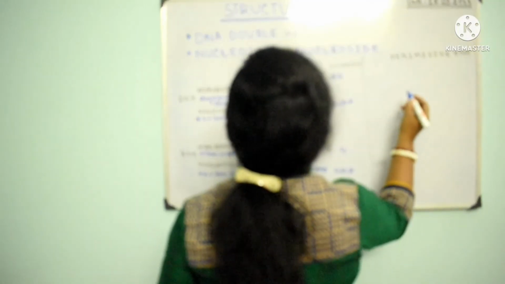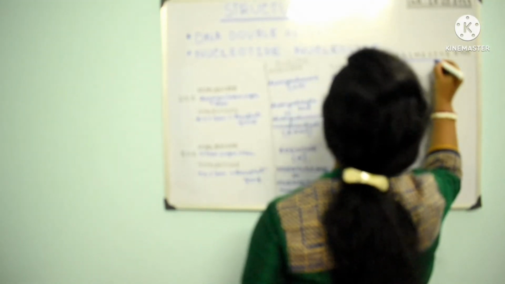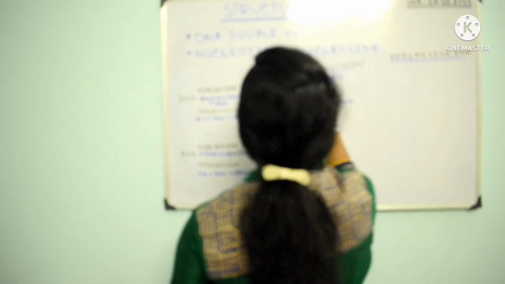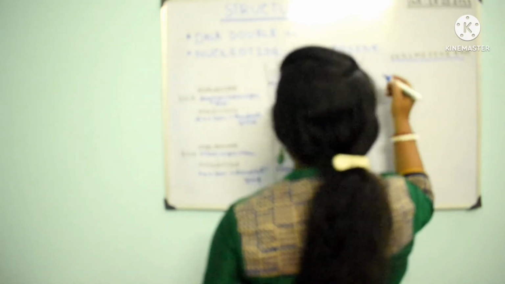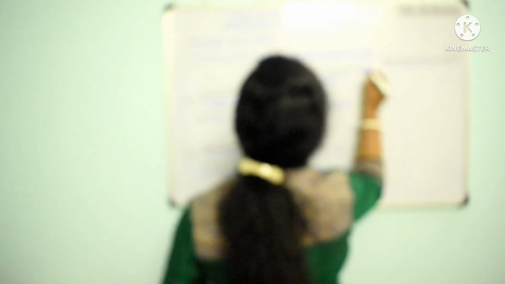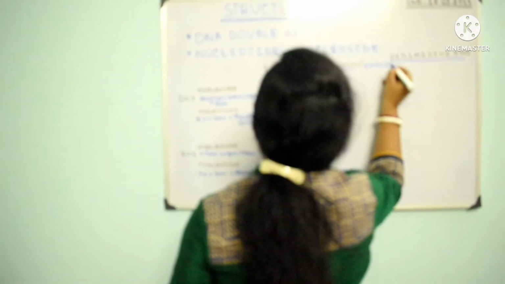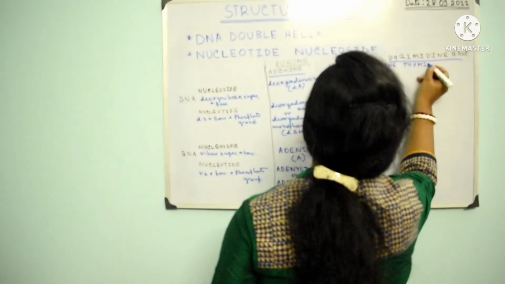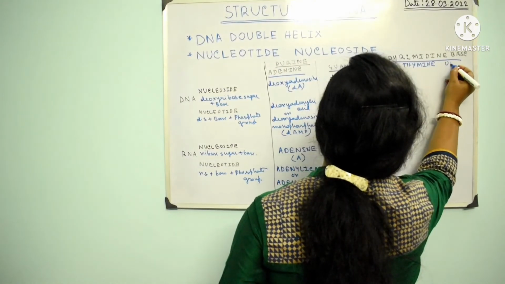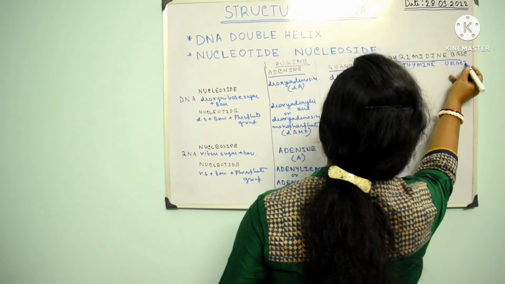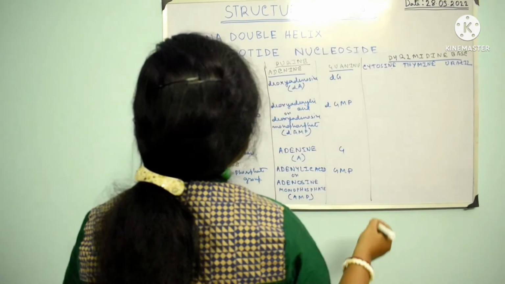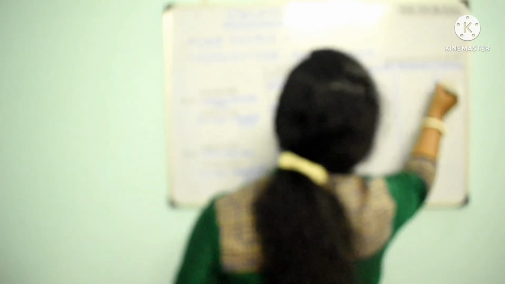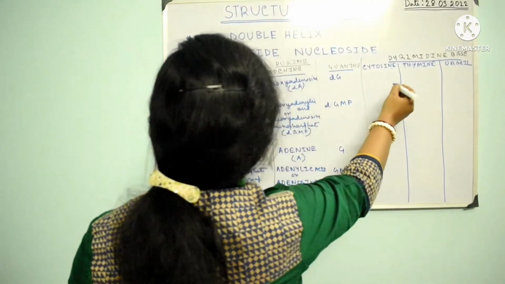Now pyrimidine base. Here pyrimidine bases: cytosine, thymine and uracil. What will be the name here?